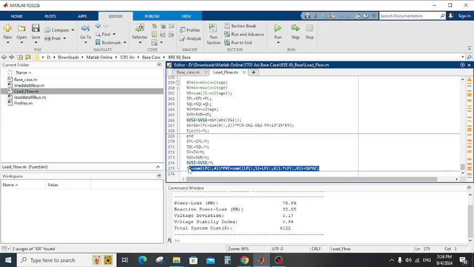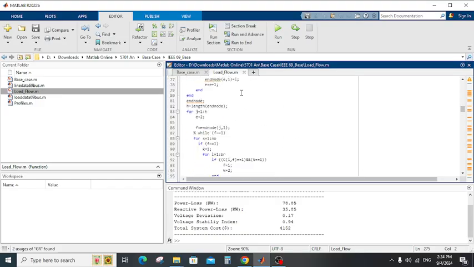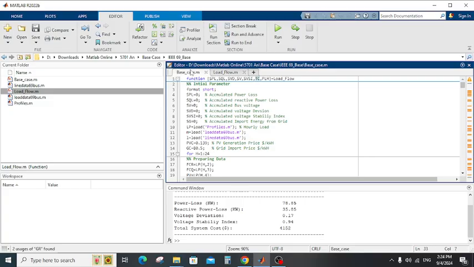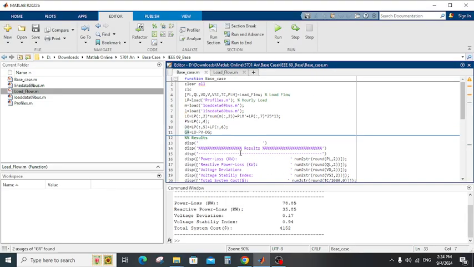Then we calculate the total system cost depending on the PV generation, the grid generation, and the load from the distributed generation. After that the power loss, reactive power, voltage deviation, voltage stability index and total system cost are the outputs, and we go back to the main program to print the result.